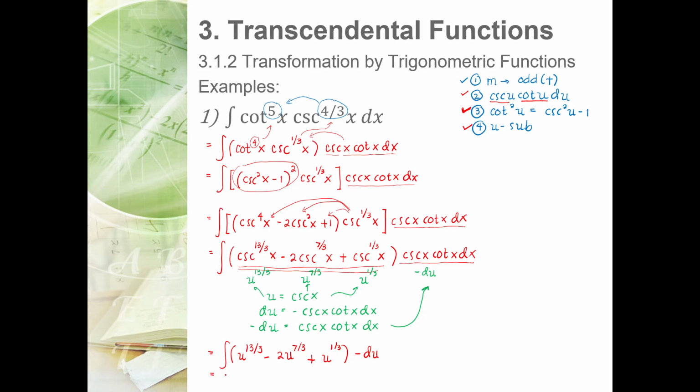Getting the negative outside the integral symbol, that's negative, integral of u to the 13 over 3 minus 2u to the 7/3 plus u to the 1/3 du.